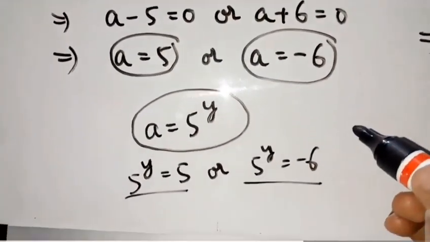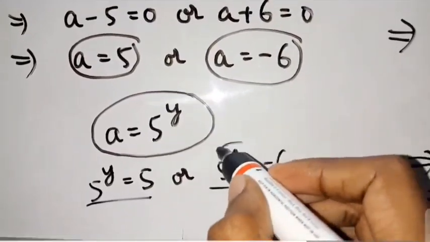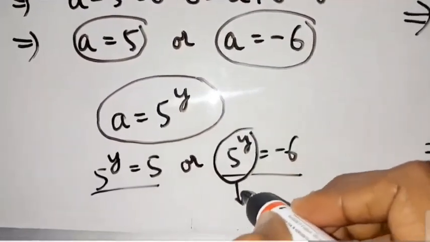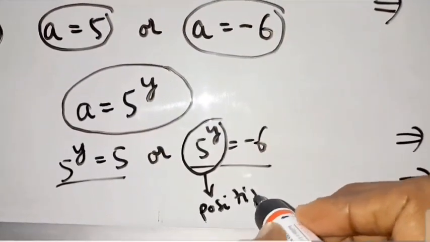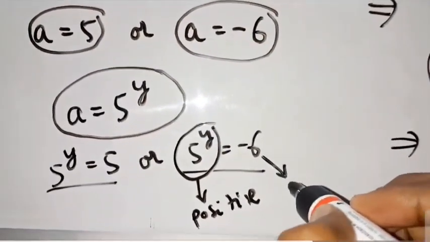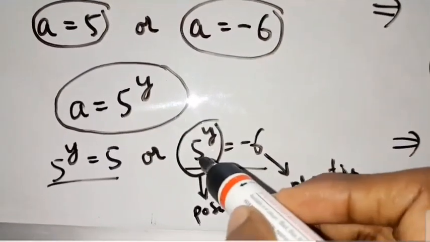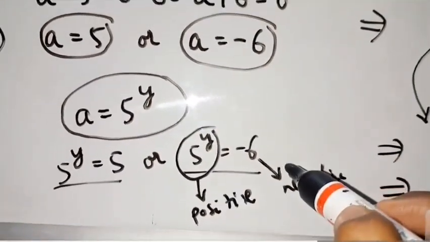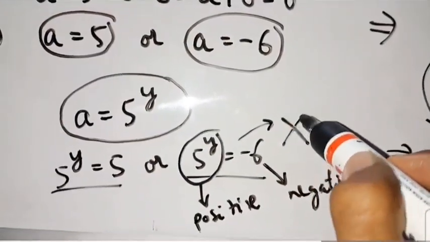Now if you see, 5 to the power y is always positive, and this is negative. So the left hand side is positive and the right hand side is negative, so this case cannot be correct.